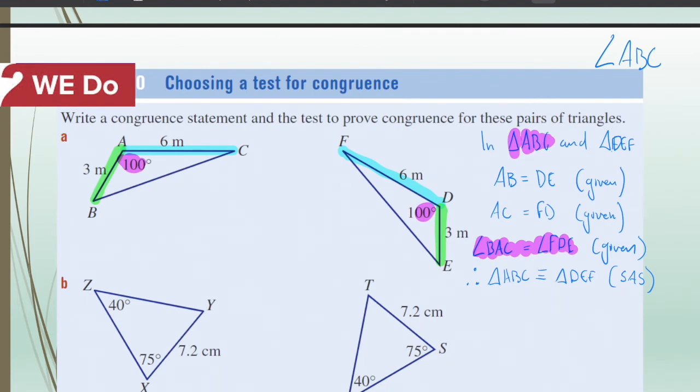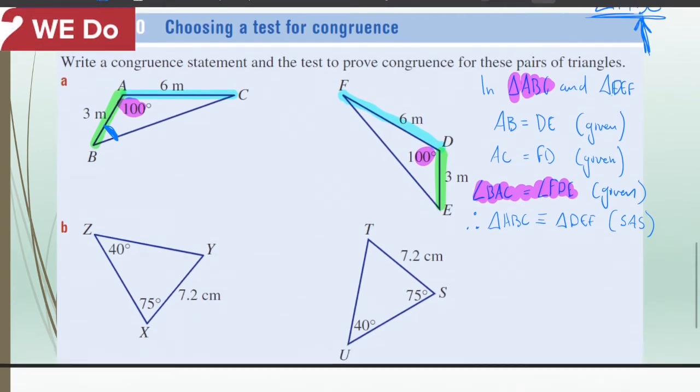And it's important, if you wrote it like this, ABC, the letter that's in the middle is the one that is on the actual angle. So what I've written up here is actually this angle here. But your classroom teacher can help you out with that if you are still confused by that notation.